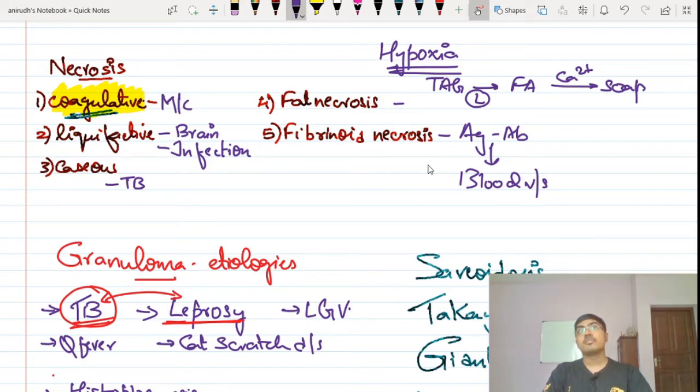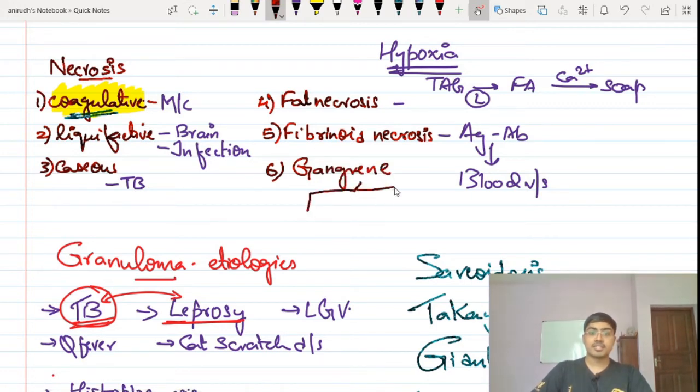And also we can talk about conditions like Aschoff nodules in rheumatic heart disease, which is also a type of fibrinoid necrosis in a way. Then you can talk about some other types also, which is gangrenous necrosis, which is of two types, dry gangrene and wet gangrene. So I am just stopping this discussion of TB lymph node for now.